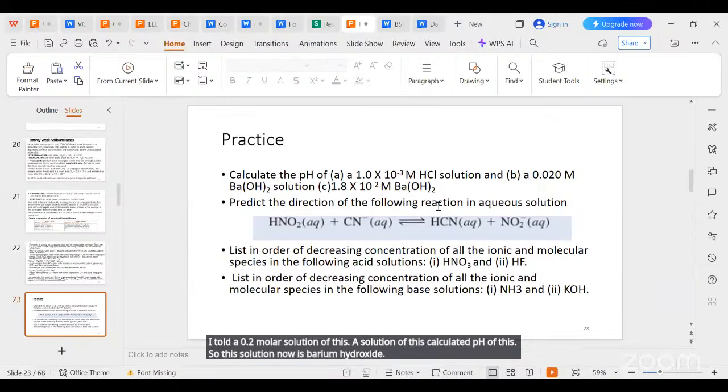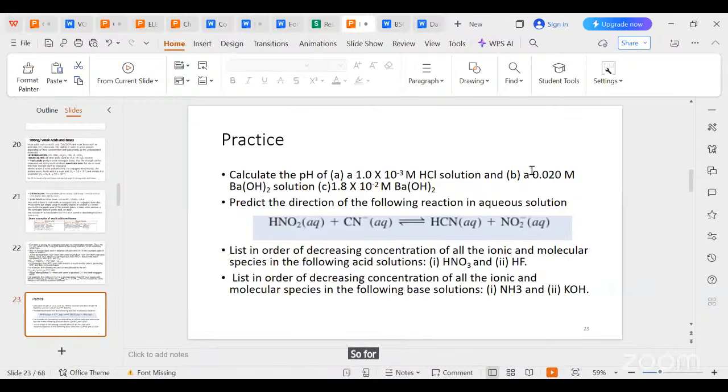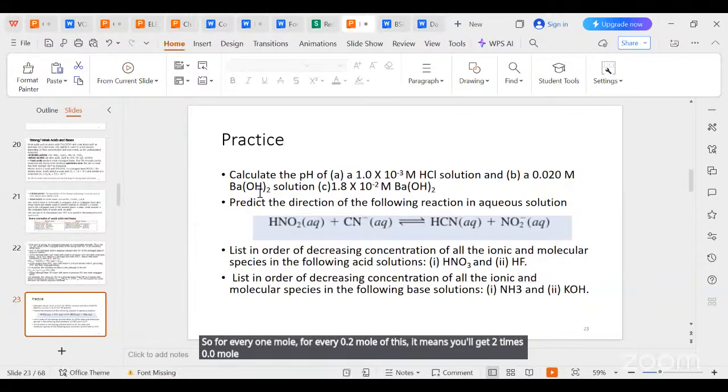You write the dissociation equation. 1 mole of barium hydroxide will give you 2 molecules of OH. So for every 0.2 mole of this, you get 2 times 0.2 mole per dm cube of OH.